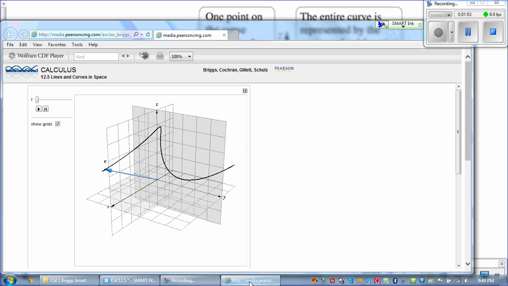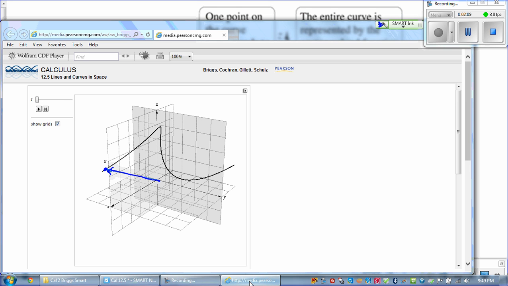Now let's look at what's exactly happening here. We've got a curve in space. Every point here is denoted by a vector that's starting at the origin and pointing to it.